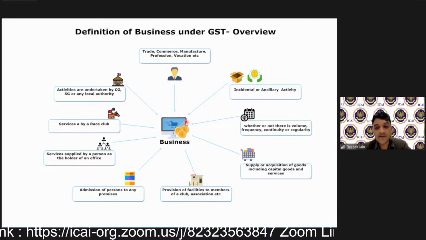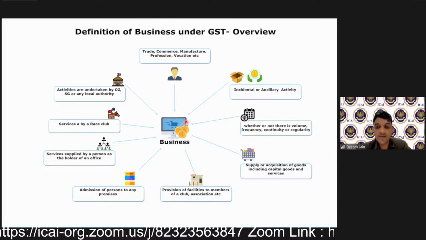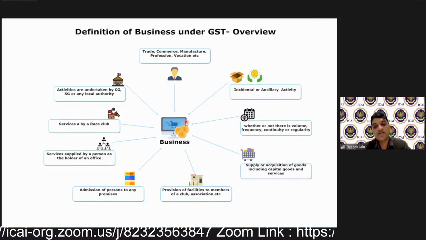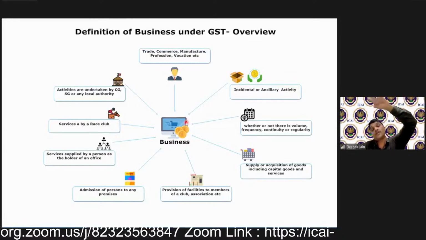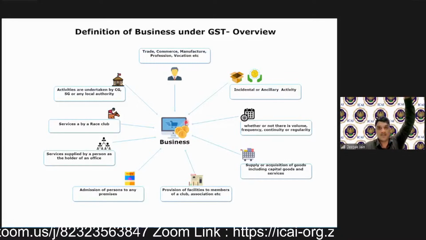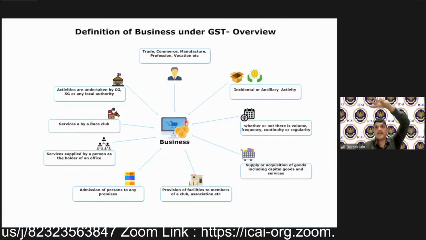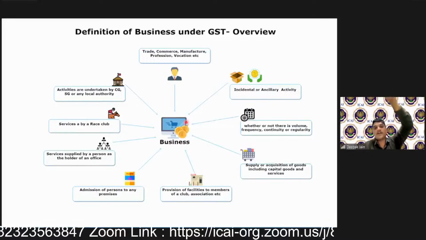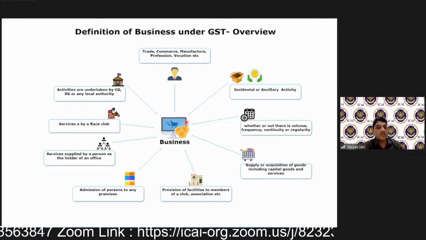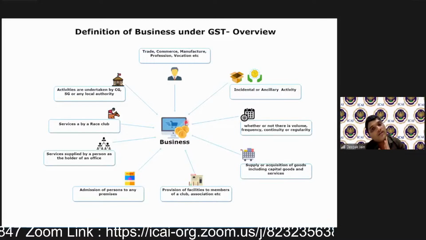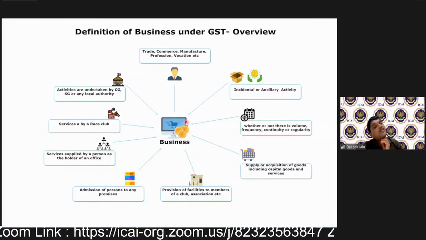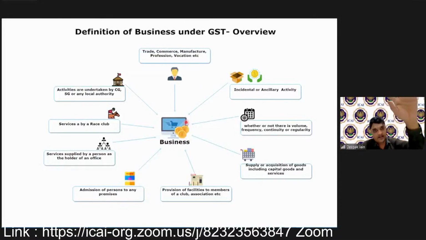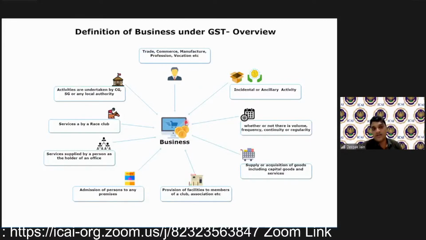Donation received and name is displayed in the name board of the charitable trust, then is GST chargeable or not? So the name board of the charitable trust, directly in the name board itself. Okay. Then is it a matter of marketing, or is the charitable trust doing it voluntarily on its own behalf? If it is not compulsory, then it is not liable to GST.